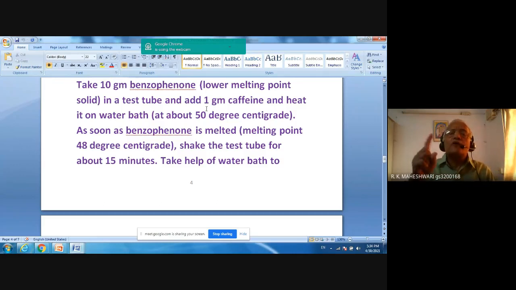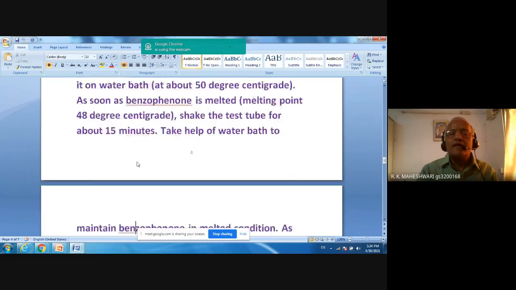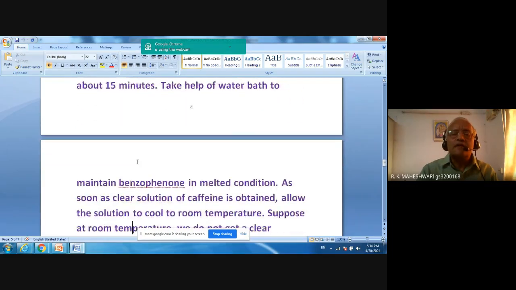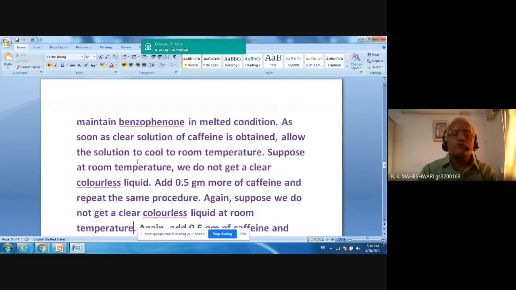As soon as benzophenone is melted, shake the test tube for about 15 minutes and try to dissolve. Take the help of the water bath to maintain benzophenone in the melted condition.